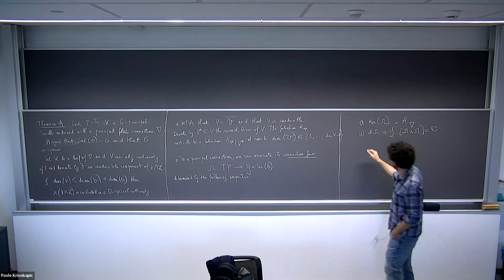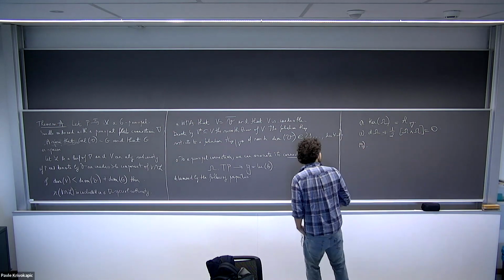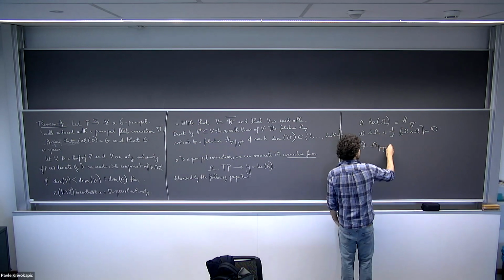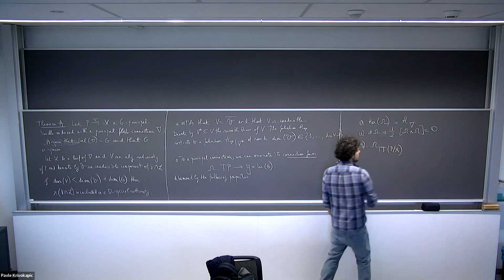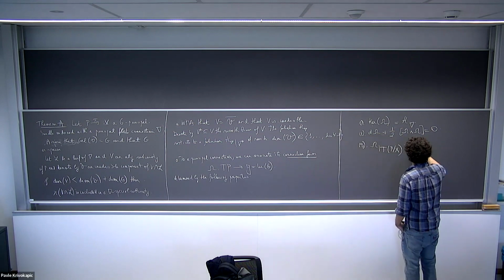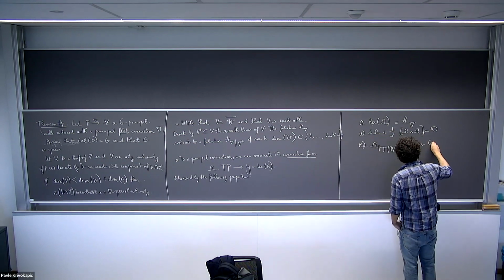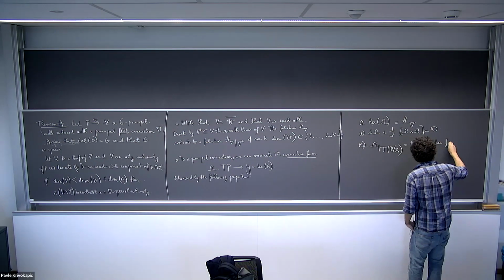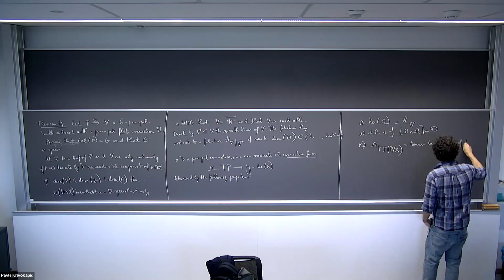And the last thing is that if you look at omega and restrict it to the vertical vectors, this is the Maurer-Cartan form of the principal bundle.